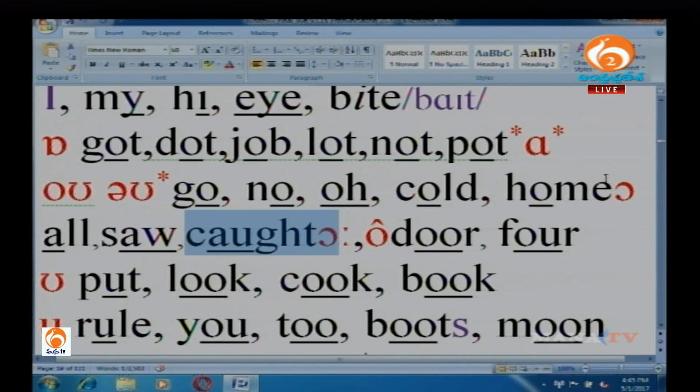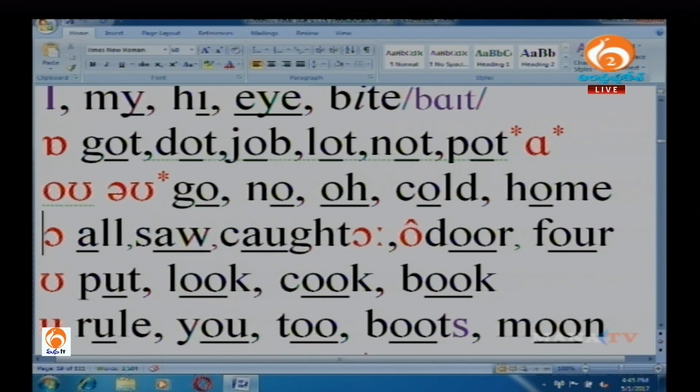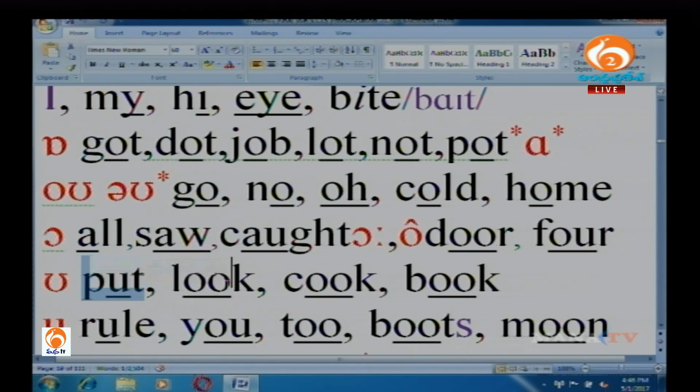Okay? That's the sound of this symbol. Long O sound. O, door, for. This one, short sound. Put. Look, here's double O, but it's not look, it's look. This one, cook, book, very short sound, all right?